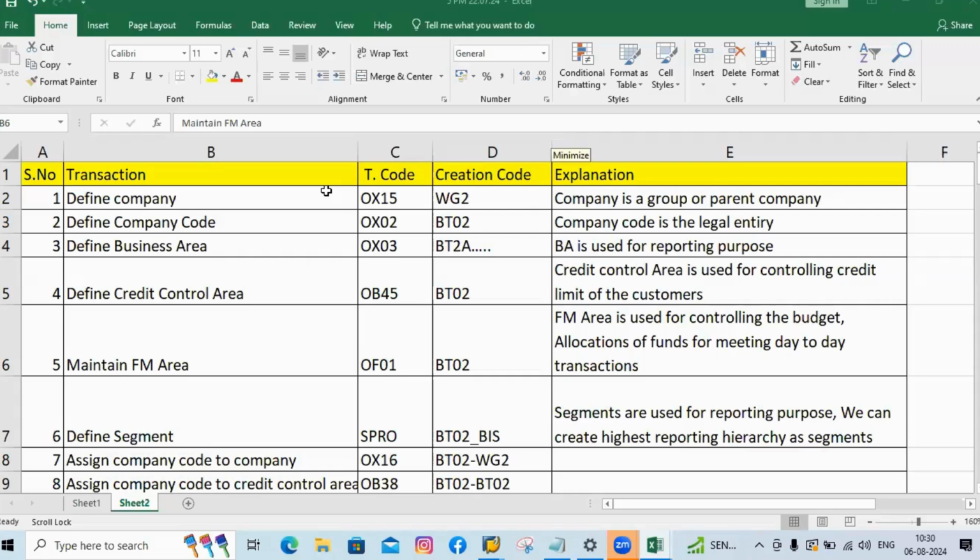To post the day-to-day transactions. After posting only, we can run the reports. So first we have to say that it is to post day-to-day financial transactions. Clear? Fine. Next, what is GL account?